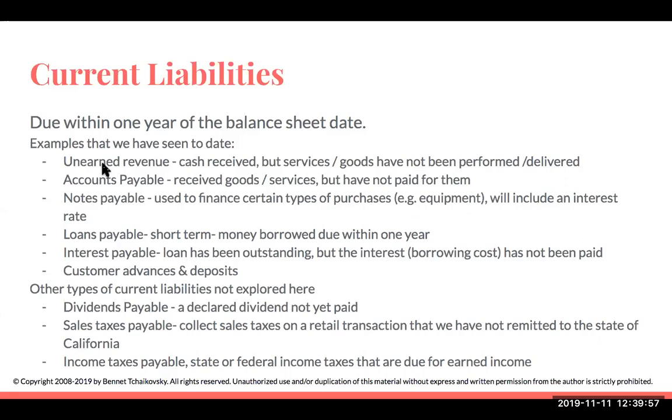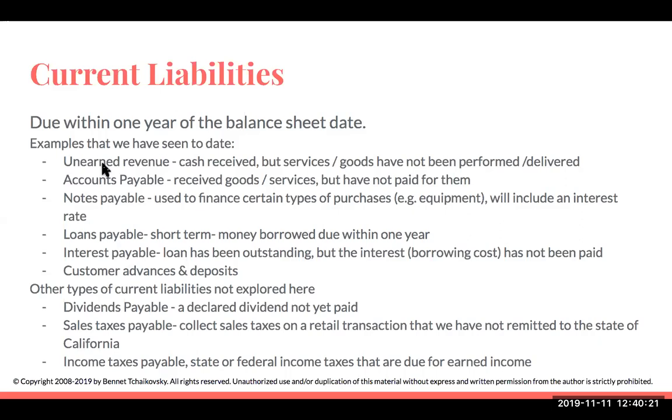A lot of times students will ask me what the difference is between a note payable and a loan payable. Oftentimes it can depend upon state law. If you're going to try to securitize the equipment that you're selling in case the buyer defaults, you would do it under a note. A loan is generally going to be cash.